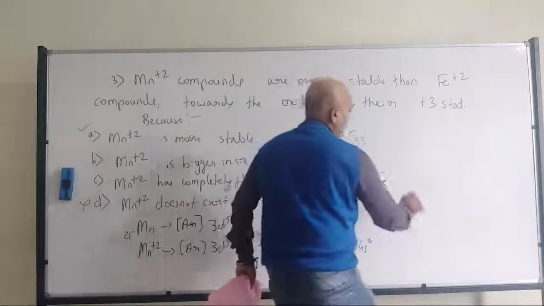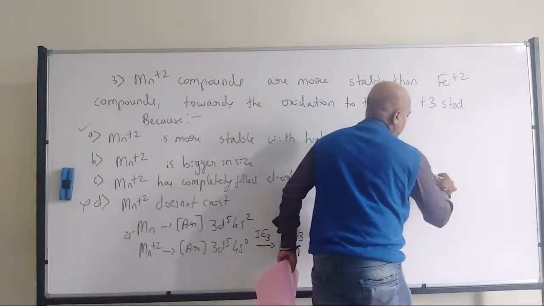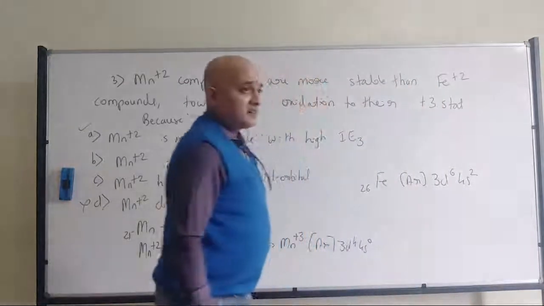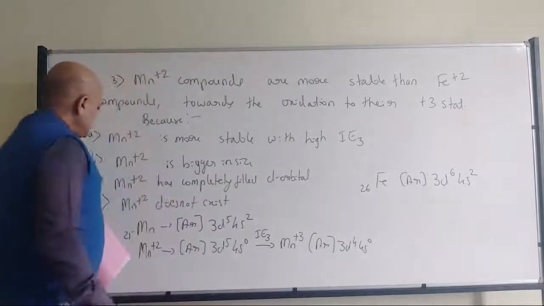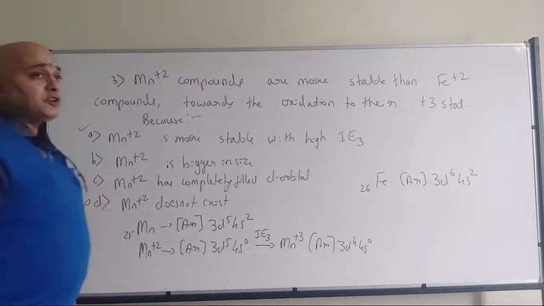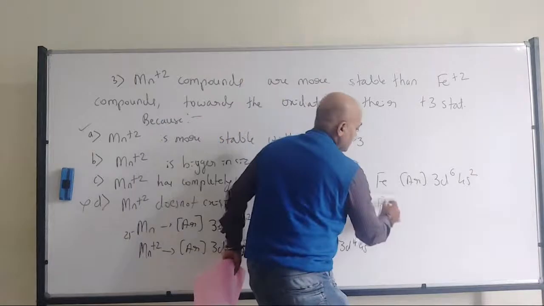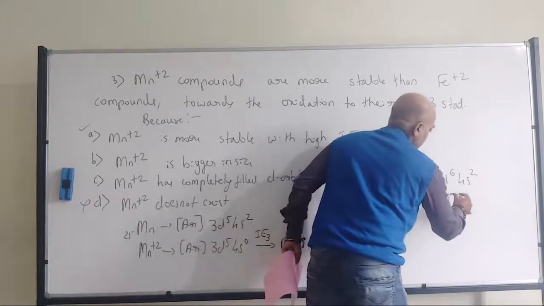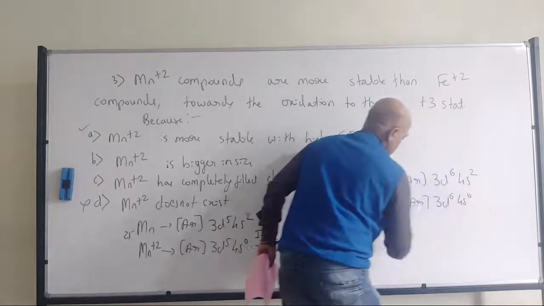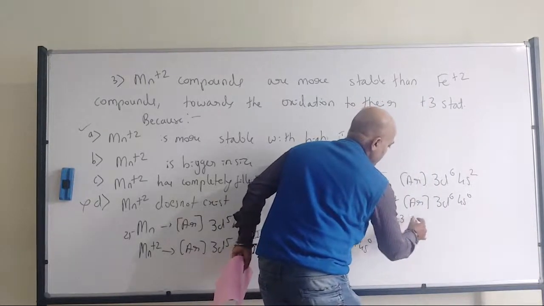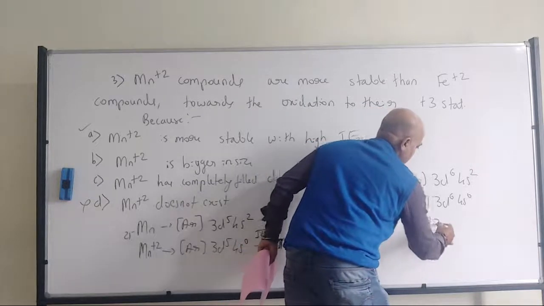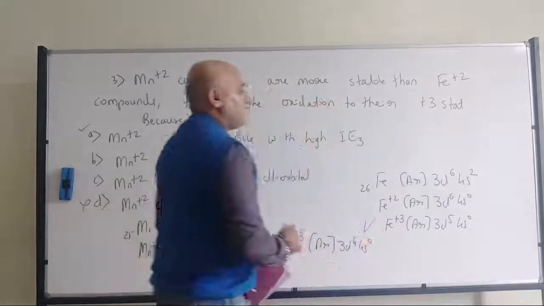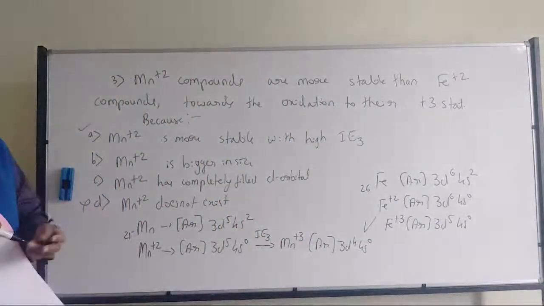So electronic configuration should be argon 3d6 4s2, right? Now we are talking about Fe plus 2. Fe plus 2 means it will be argon 3d6 4s0. If it is Fe plus 3, then it will be argon 3d5 4s0. That's where we have stable electronic configuration, Fe plus 3.